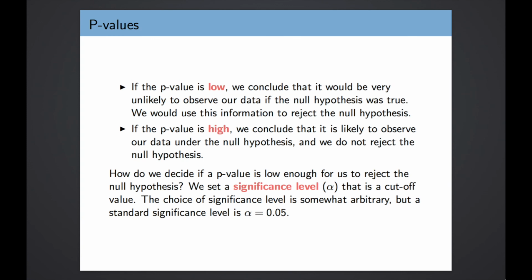So a common significance level is an alpha of 0.05. So if we observe a p-value less than 0.05, we reject the null hypothesis in favor of the alternative hypothesis, and if it's higher than 0.05, we just go ahead and stick with the null.